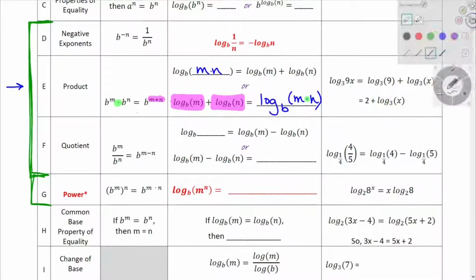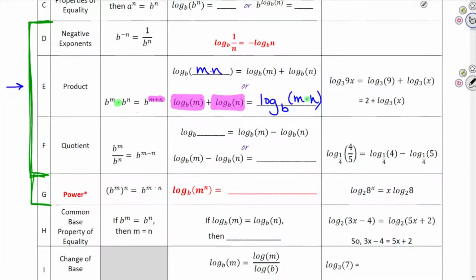Here's an example of that. Log base 3 of 9x: we notice I have multiplication between 9 and x, and so I can expand this and write log base 3 of 9 plus the log base 3 of x. Now we could keep going, because 9 is a power of 3.